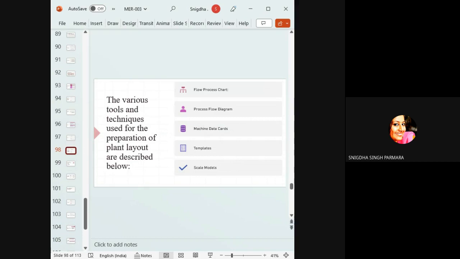The various tools and techniques that are used for preparation of plant layout are the flow process chart. Flow process chart, as in how are the products or the raw materials going to flow from one place to another.